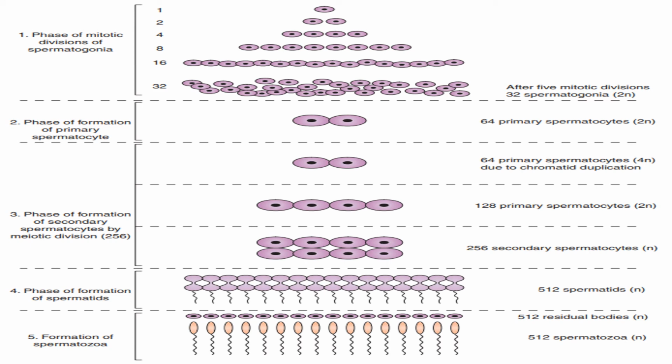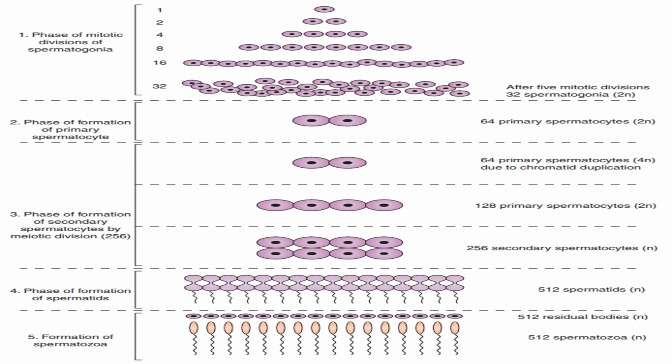In summary, spermatogenesis is the process of formation of spermatozoa from the spermatogonia. There are 5 phases of spermatogenesis. The first one is the phase of mitotic division of spermatogonia. Each spermatogonium divides mitotically 5 times to form 32 spermatogonia.